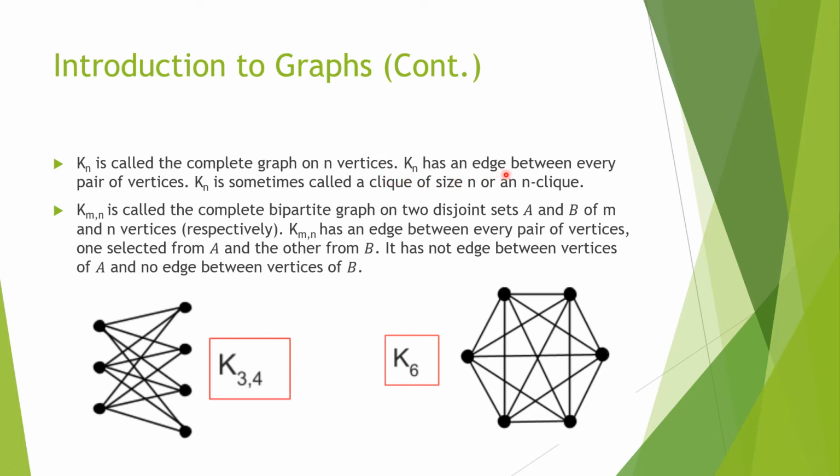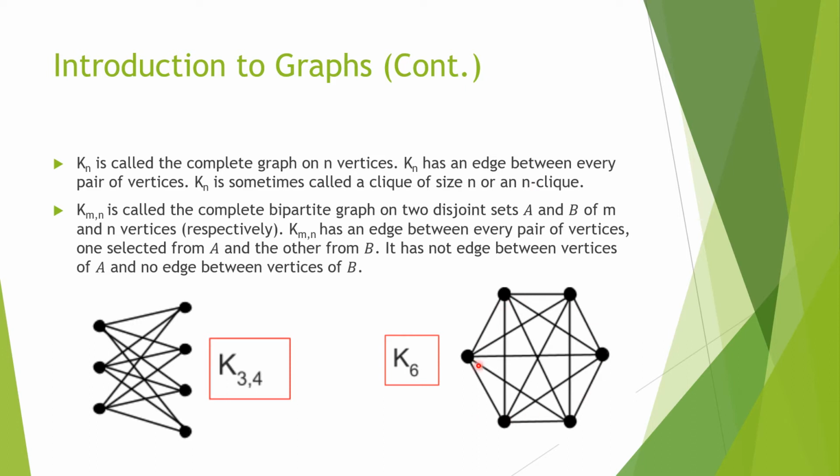Kn has an edge between every pair of vertices, which means that every pair of vertices that you pick in graph Kn have to be neighbors. They have to be adjacent. Kn is sometimes called the clique of size n or an n-clique.